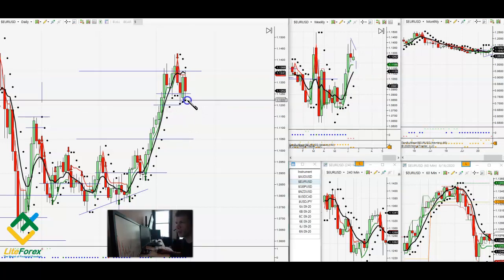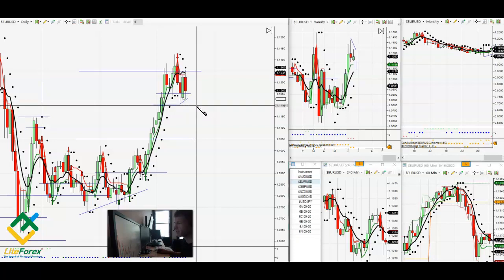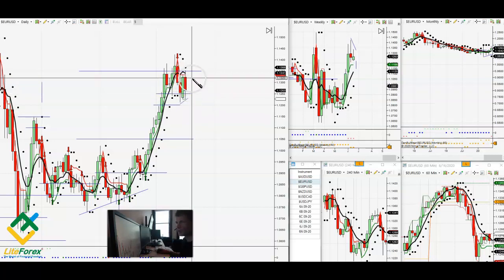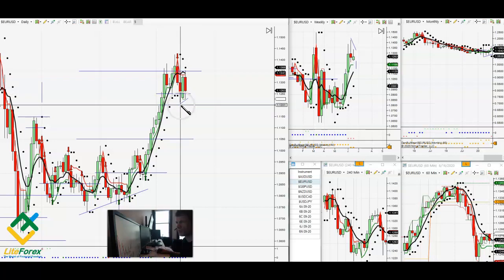But we are putting in higher lows. So I've got to say that Euro USD looks like a wait and see as well for me. It's impossible to look at this and be full on bullish or full on bearish. So it's a wait and see. We're waiting for 1.12 to be taken out or 13.5 to be taken out. So that's the safest way to play this.